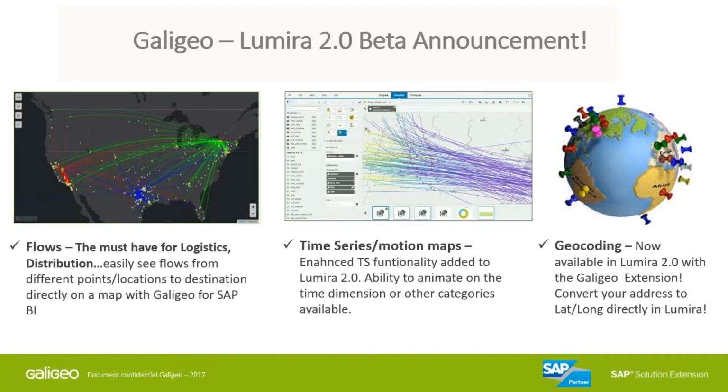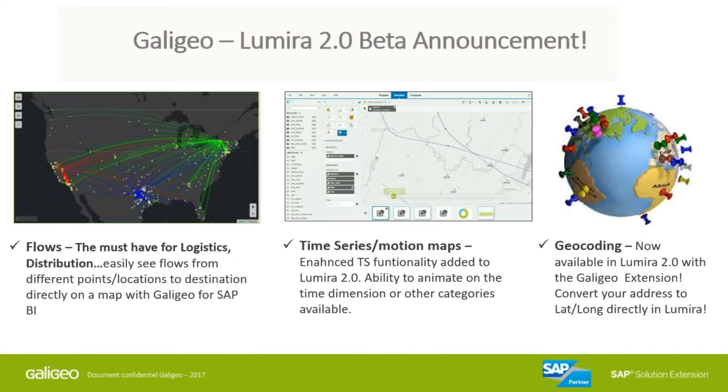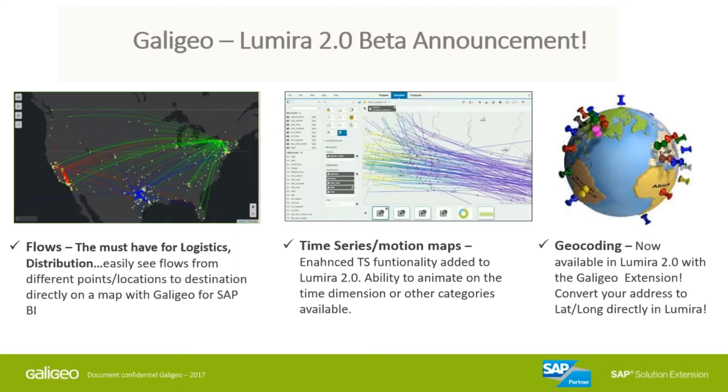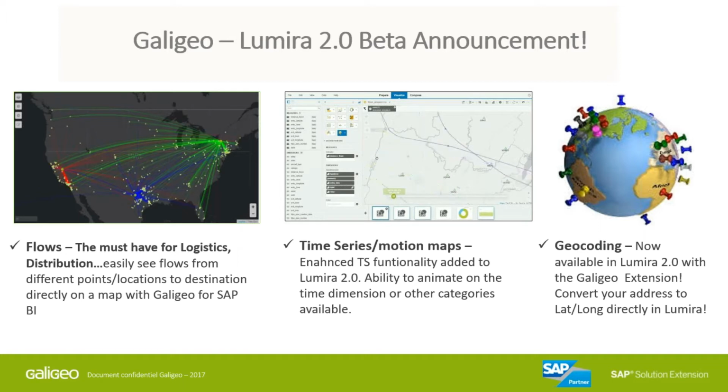You're also going to have the ability, as we just discussed, with some of the use cases to start taking advantage of flows and seeing how you can start supporting the use cases if you're in logistics, if you're in distribution and retail, where you need to show either your customers, your partners, your resellers, your wholesalers, your distributors, where these shipments are being made, with what frequency, with what products, and really lets users customize that experience itself.